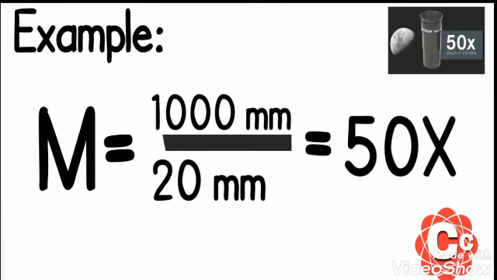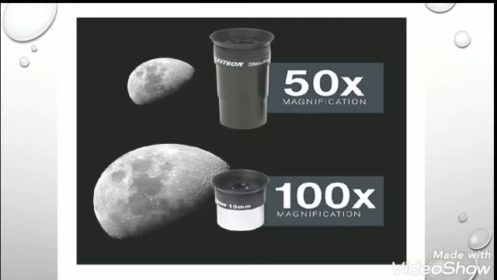So it is obvious that the image is much clearer than the view of the naked eye. We can obtain the image from the 20 mm eyepiece and from the 10 mm eyepiece, and the image obtained with the 10 mm eyepiece is much clearer than that obtained with the 20 mm eyepiece.